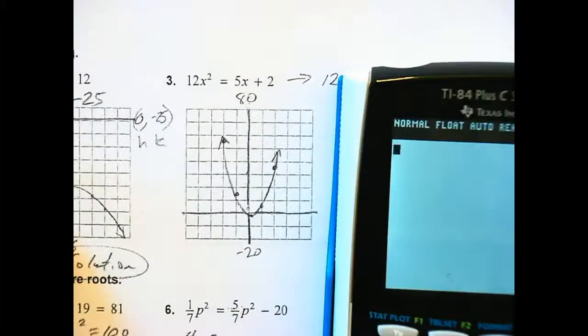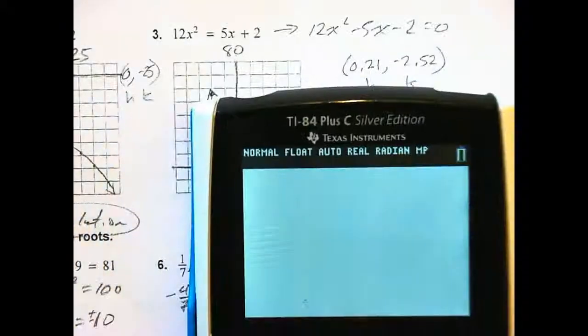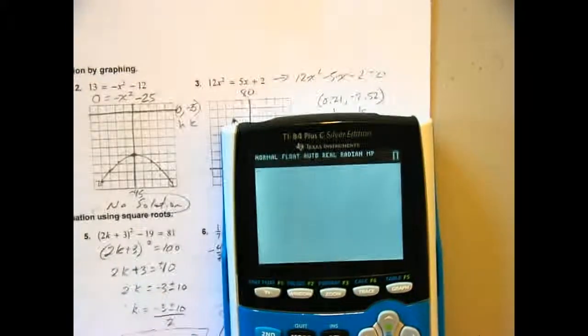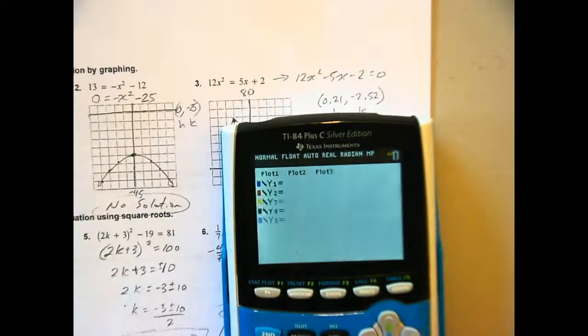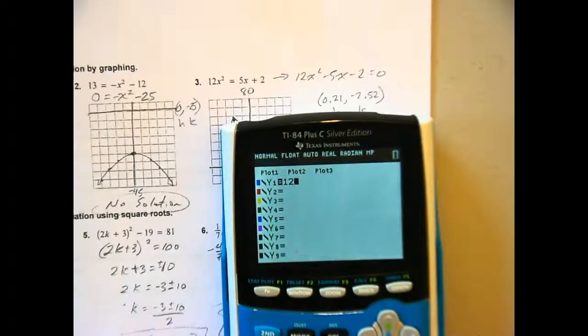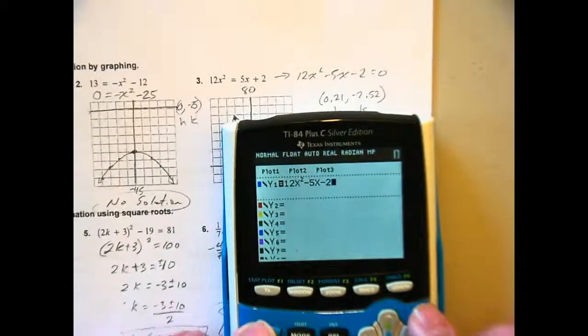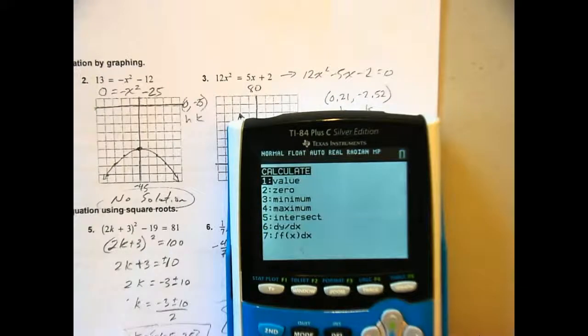Okay, so really quick, get it into y equals form, put it into your y equals menu. Go to calculate. In this case, since it opens upward, we know our vertex is a minimum.